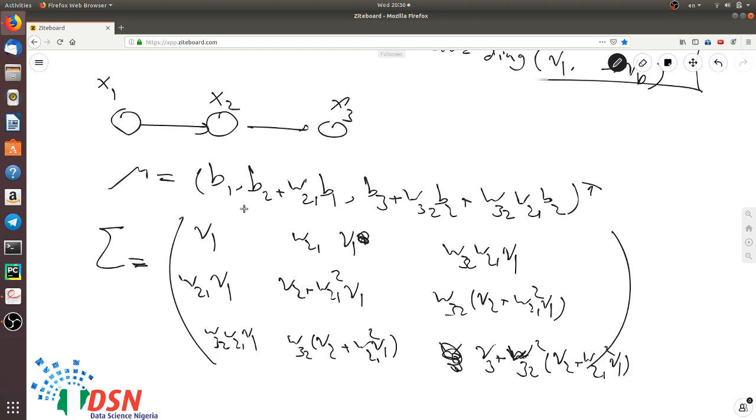So now in this graph, I could derive the multivariate Gaussian distribution parameters.